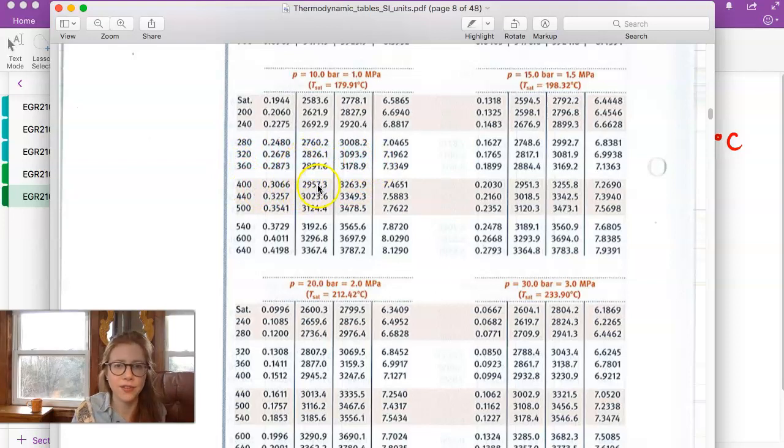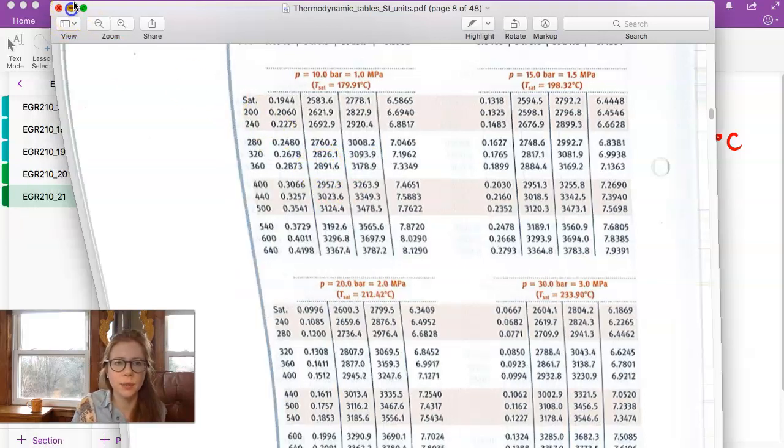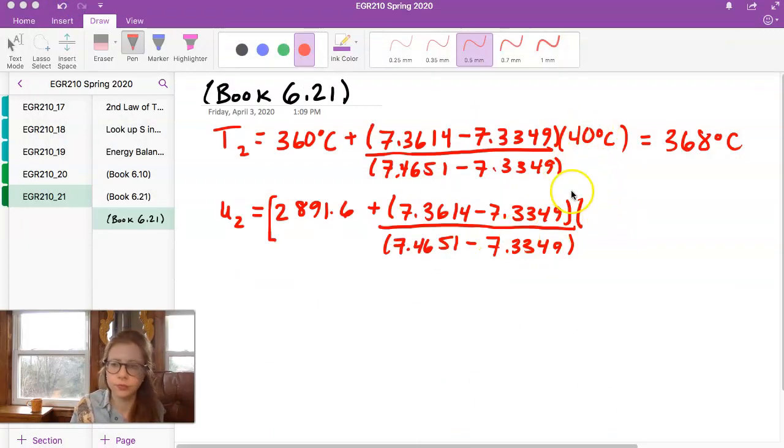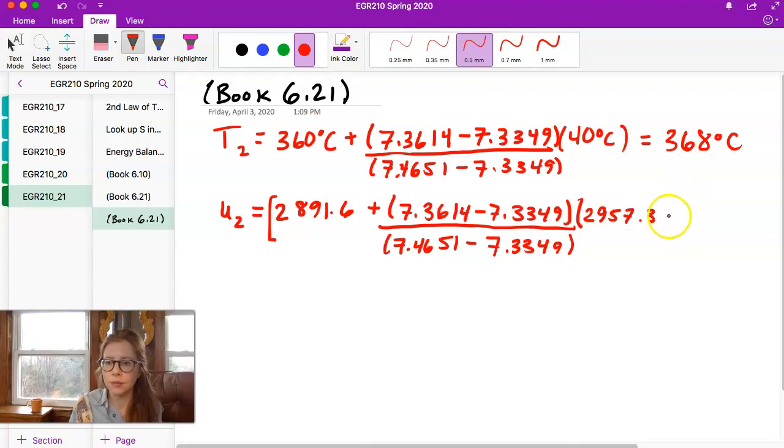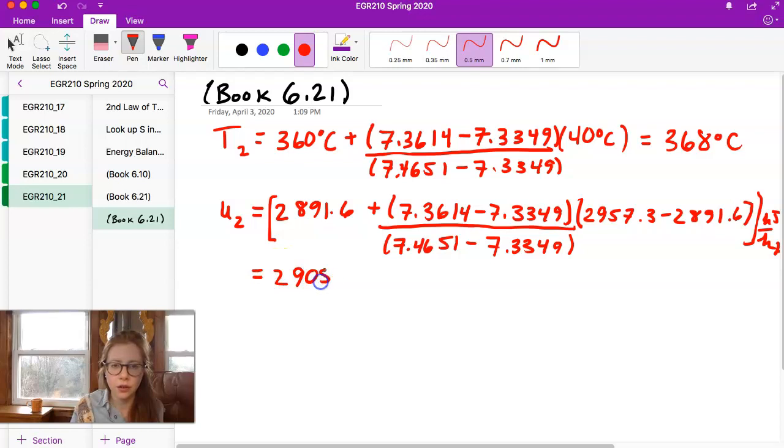So it'd be 2957.3 minus 2891.6 kilojoules per kilogram. And that is going to give us a U2 of 2905 kilojoules per kilogram.